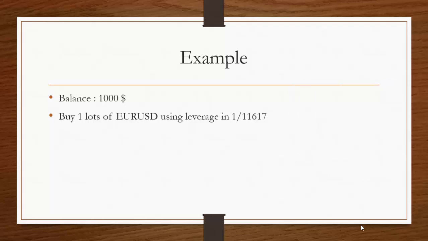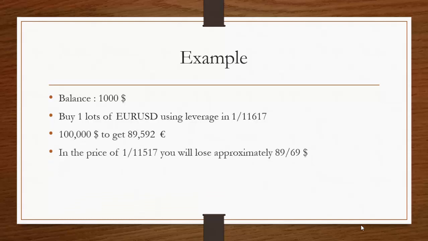Well, as we said, you actually give $100,000 to get 89,592 euros. Prices go down and you lose $89.69, which is nearly 10% of your balance.